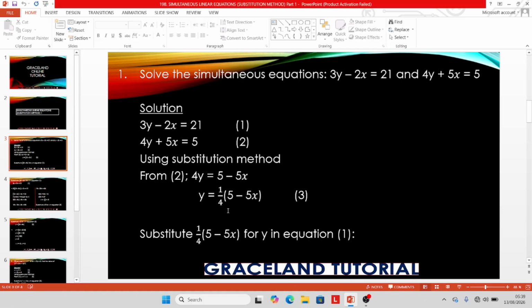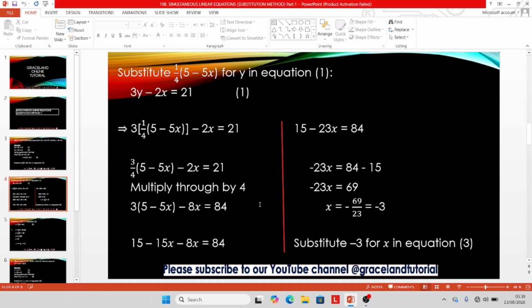Now, we are going to substitute this value of y for y in equation 1. Substitute 1 over 4 into 5 minus 5x for y in equation 1. Our equation 1 is 3y minus 2x, which is equal to 21.